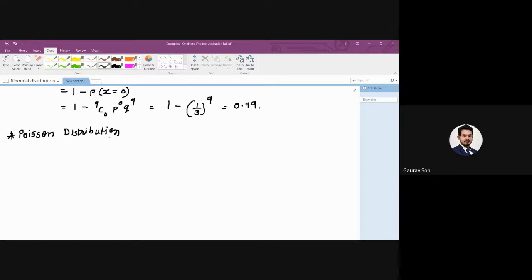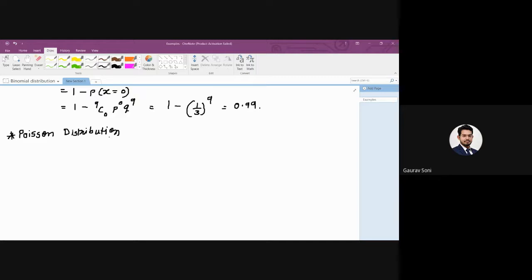The Poisson distribution is a good fit when the number of trials is very large. If you look at the previous examples in binomial distribution, our number of trials was small. Both the probability of success and failure were almost comparable.